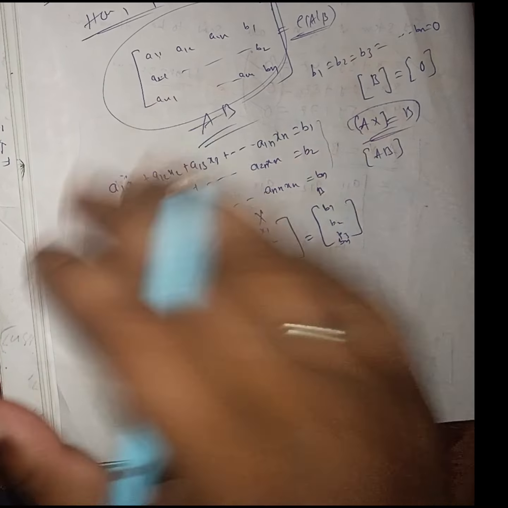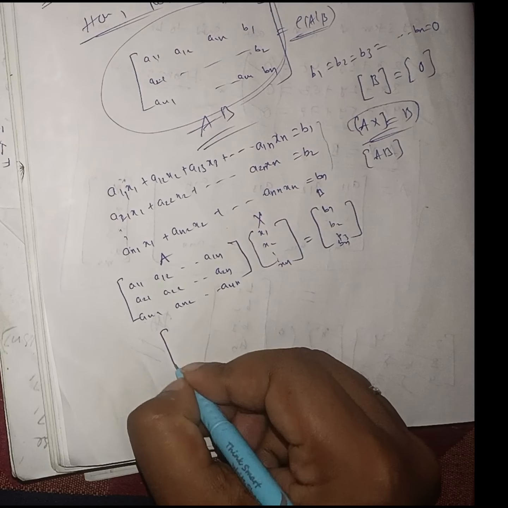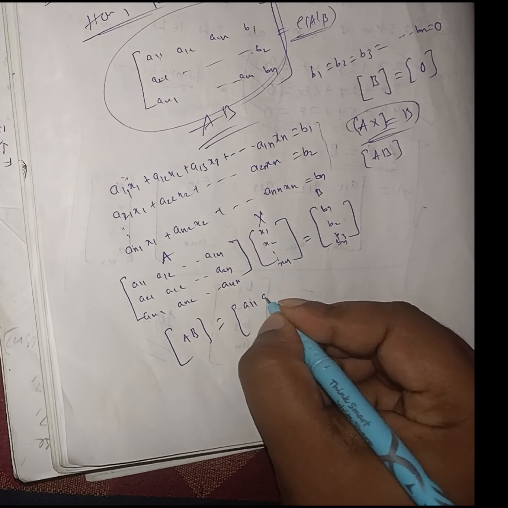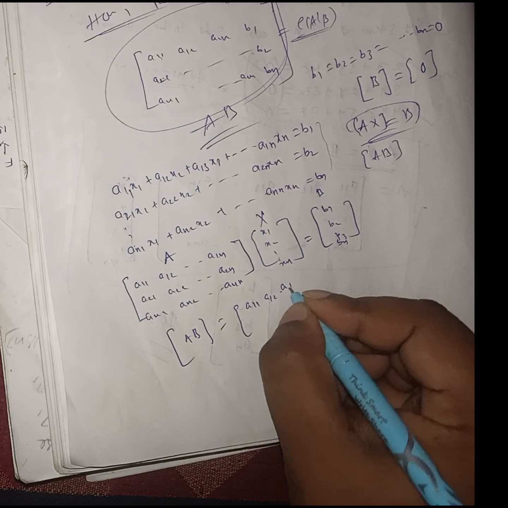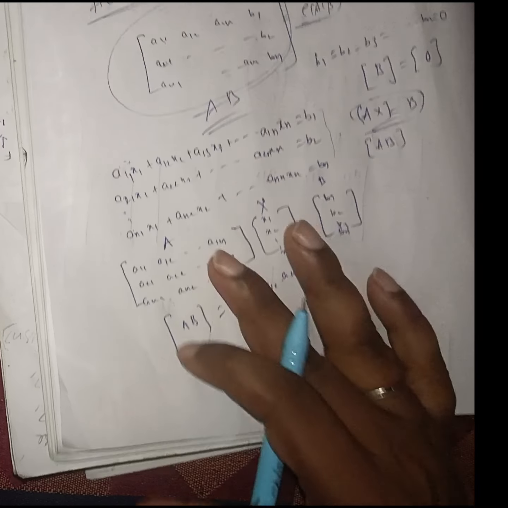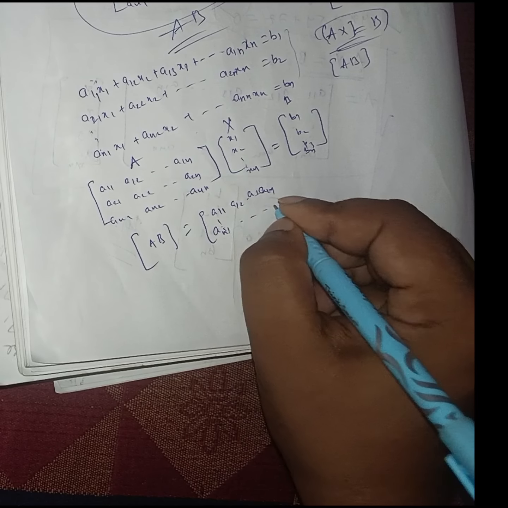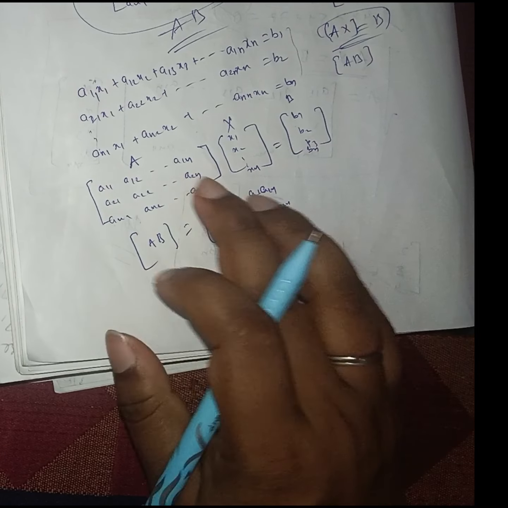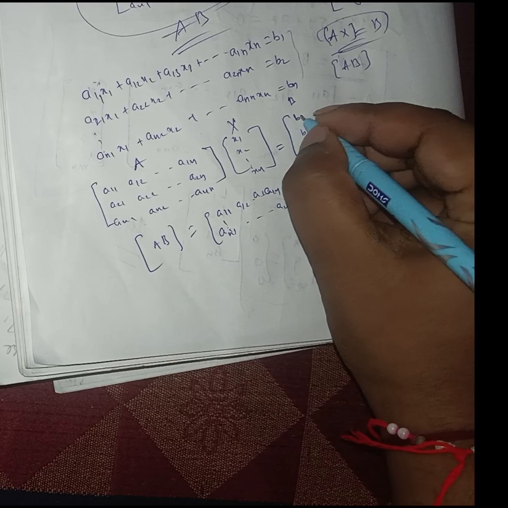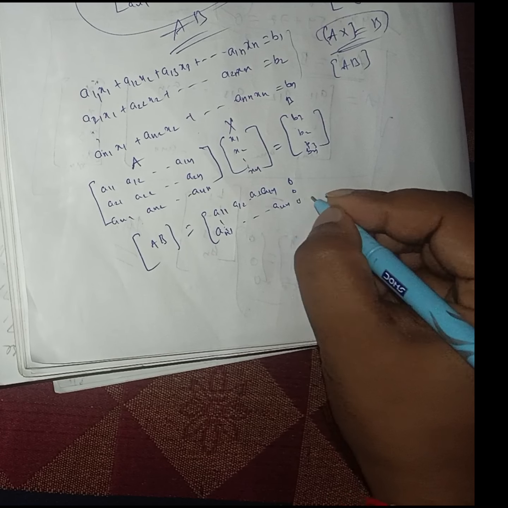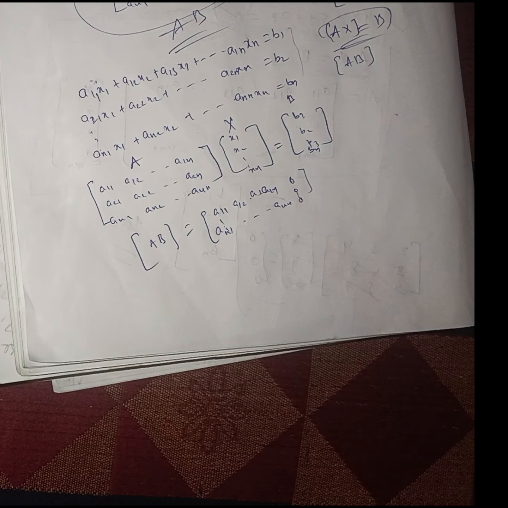If you write the augmented matrix AB, that is A11, A12 and so on, A1n, and so on, An1 and so on, Ann, along with the B matrix, b1, b2 and so on, bn, here you have to write zeros only.